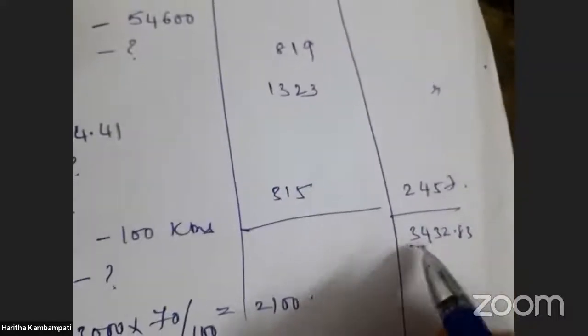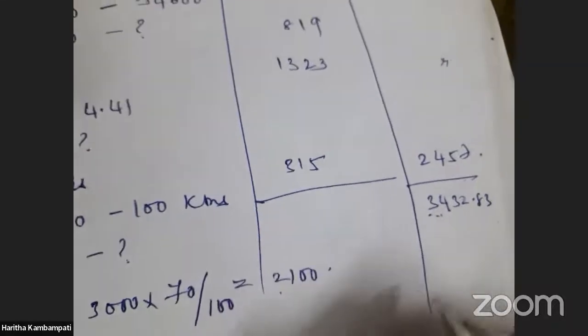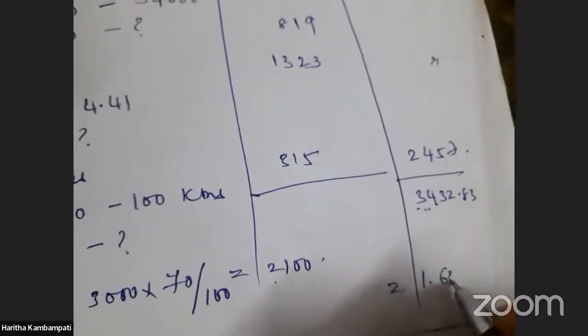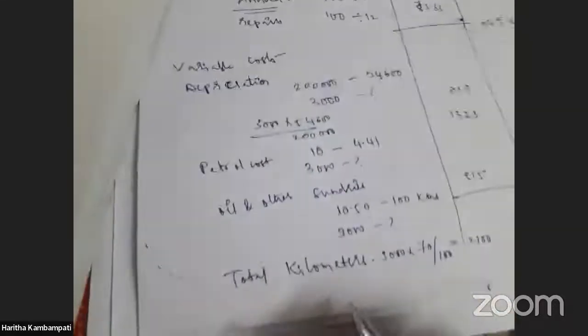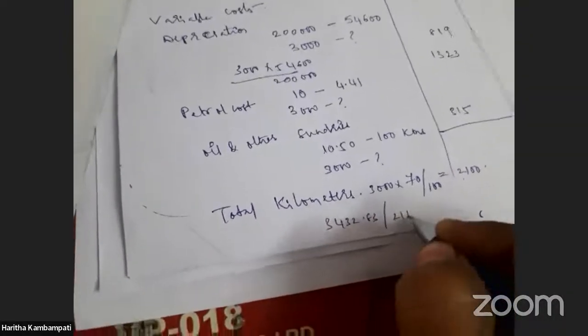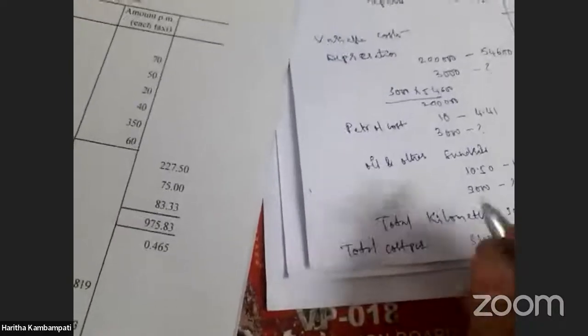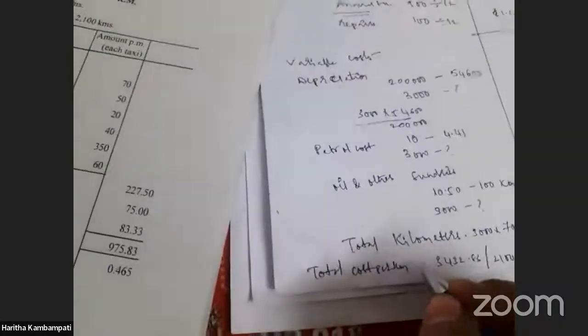So now what you should do? This total cost divided by total passenger kilometers. You will get 1.635. So 3432.83 divided by 2,100. Here total cost per kilometer per taxi.